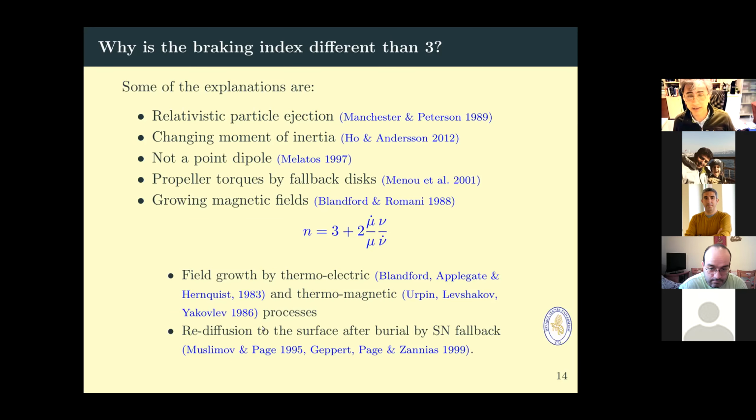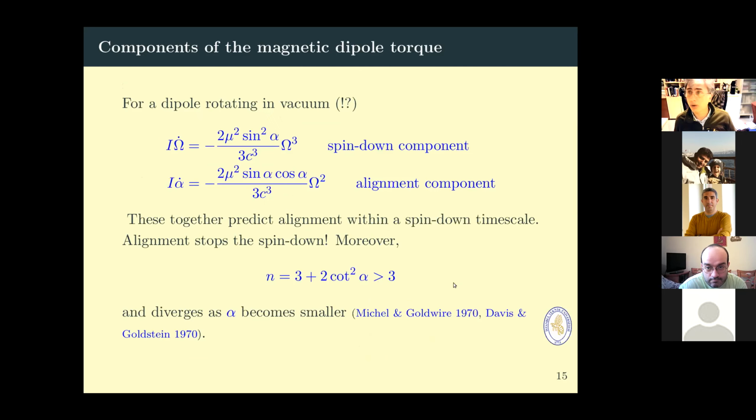And another interesting suggestion is that the magnetic fields are buried in the first place because of huge accretion by the supernova fallback matter, and then it rediffuses to the surface in time. That's leading to a growing magnetic field. That was suggested some time ago, and it's still being worked out.